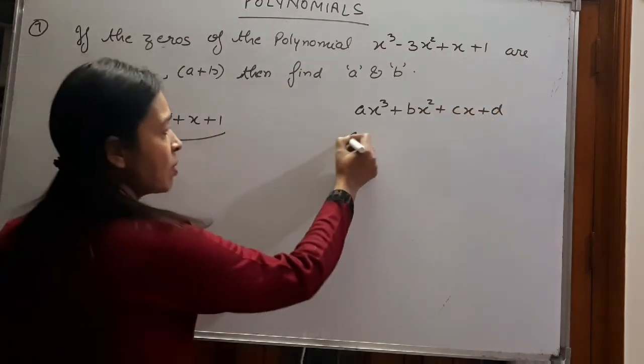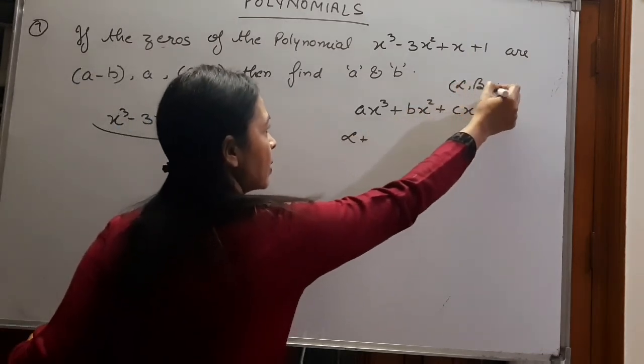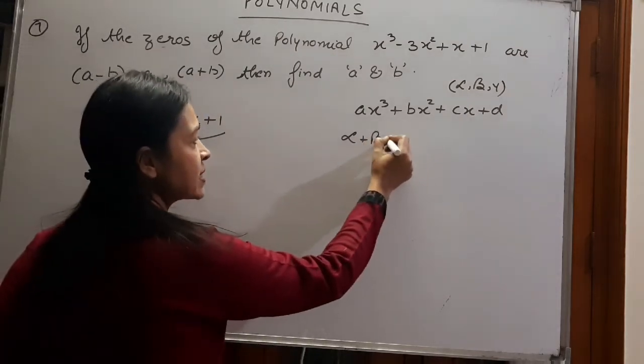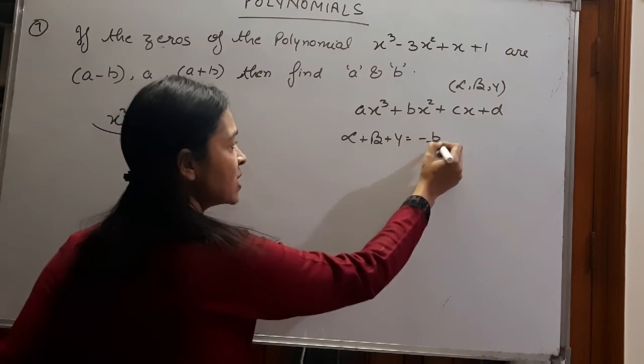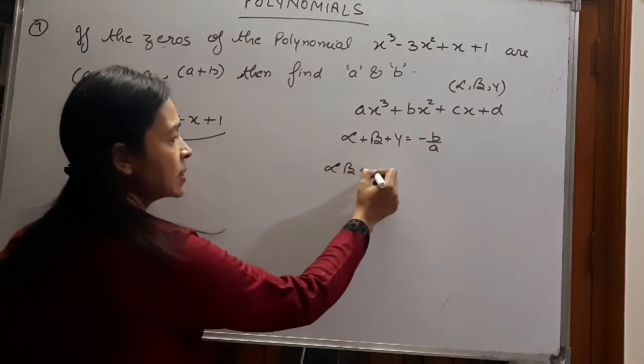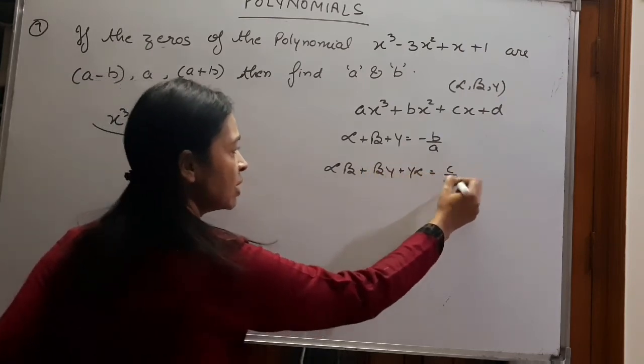In this case, sum of zeros, if we have alpha, beta and gamma as zeros of this polynomial, alpha plus beta plus gamma is equal to minus b upon a. Alpha beta plus beta gamma plus gamma alpha is equal to c upon a.